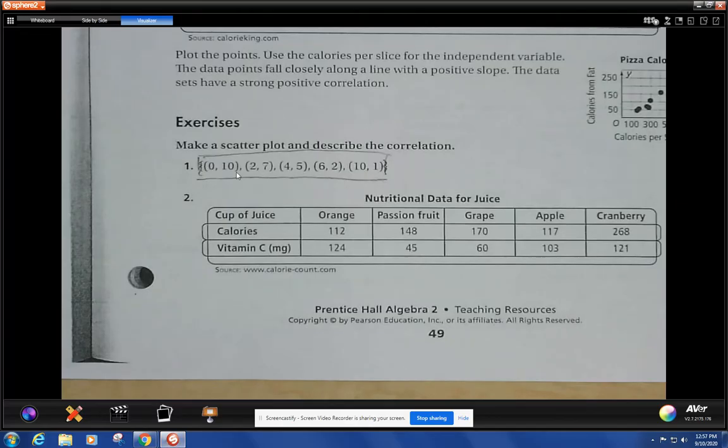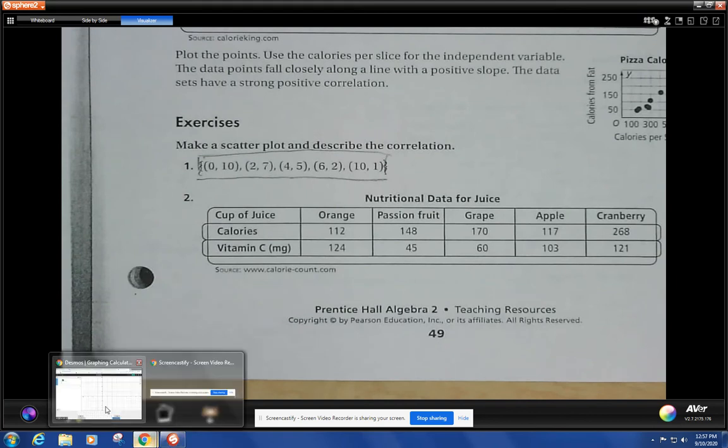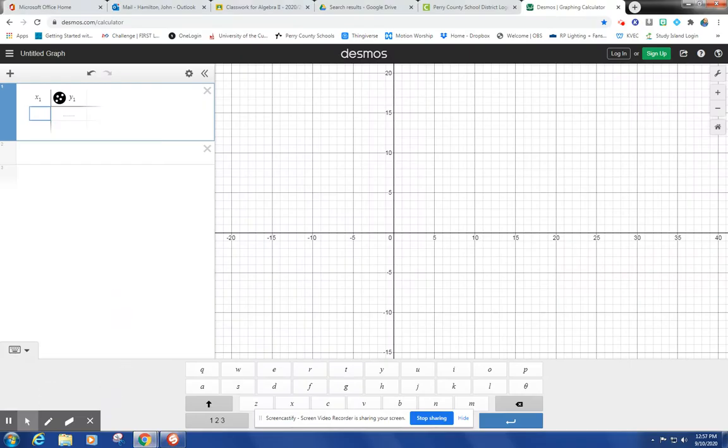So what I'm going to do now is type in these X and Y coordinates right into Desmos so that you can see it. Again, I'm going to put my X coordinate in of 0, my Y coordinate in of 10. If I just tab, it will let me go down to that next column. Then I have 2 and 7, 4 and 5, 6 and 2, and 10 and 1.